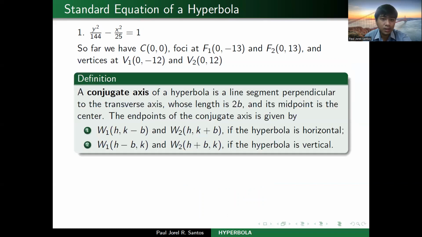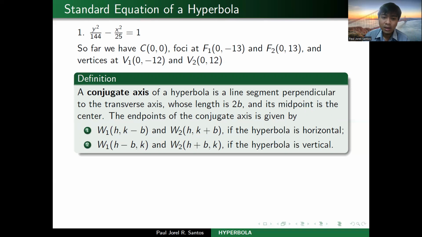But what is a conjugate axis? A conjugate axis of a hyperbola is, first, a line segment; second, perpendicular to the transverse axis, whose length is 2b and whose midpoint is the center. Later I will illustrate that.